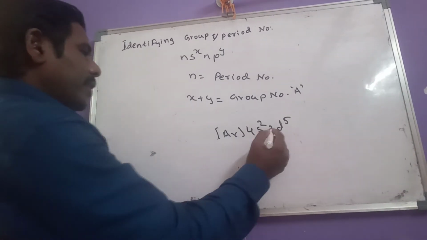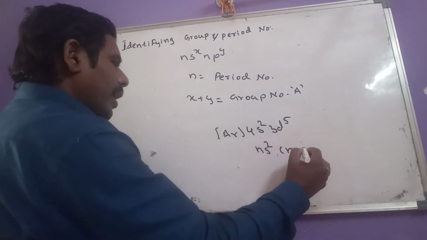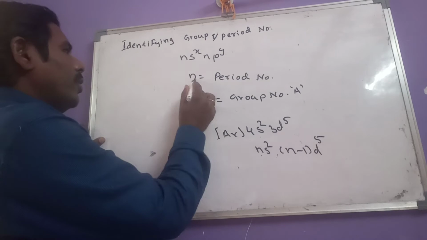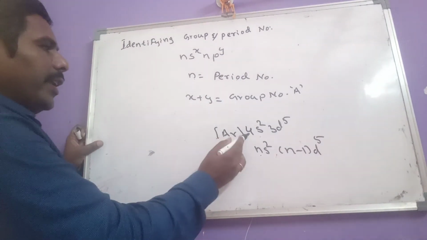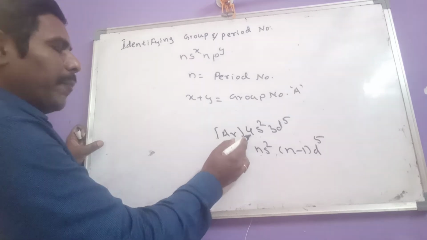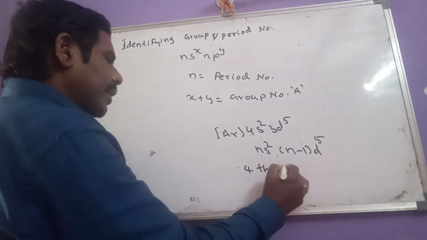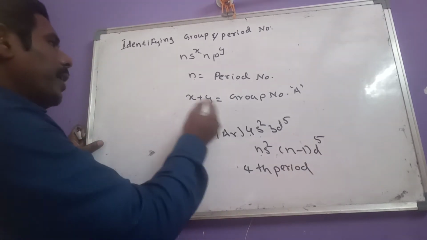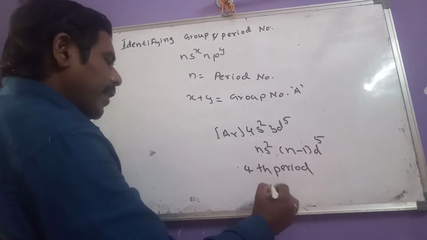Now we have to compare this with ns2 (n minus 1)d5. The n value indicates the period number, not the n minus 1 value. So here in place of n, the number 4 is there, so this element also belongs to the fourth period. And the group number is x plus y, 2 plus 5, which means 7.